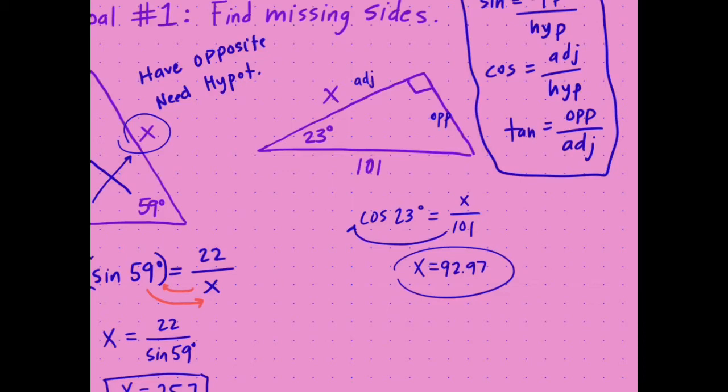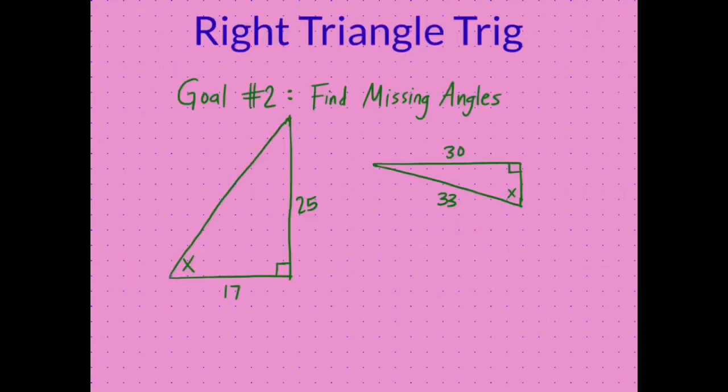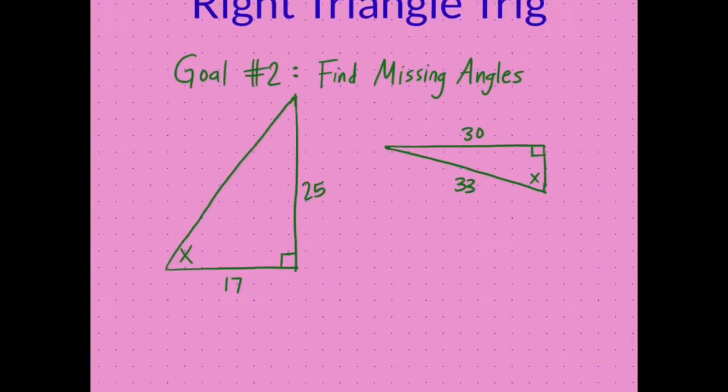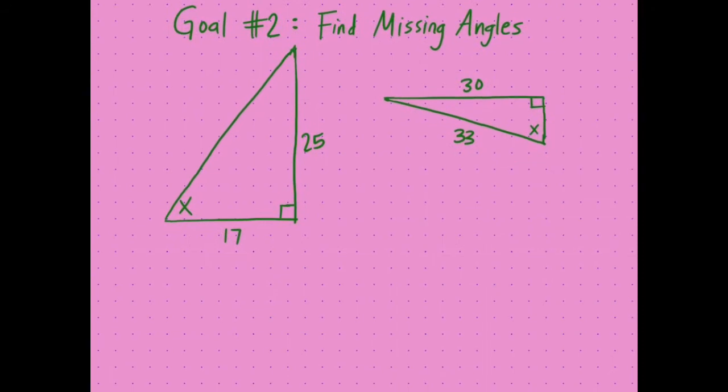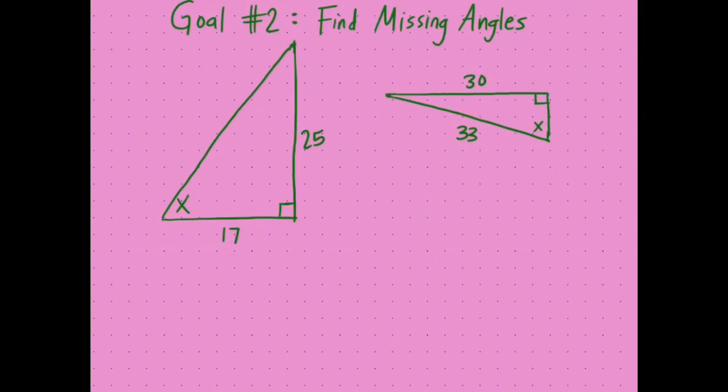Let's find some angles. Okay, so here's the big difference. We're going to know a pair of sides, and we need to find a missing angle. So on this first one, well, actually in all of them, we're going to use inverse trig to solve these. Look at the angle we have over here, x.